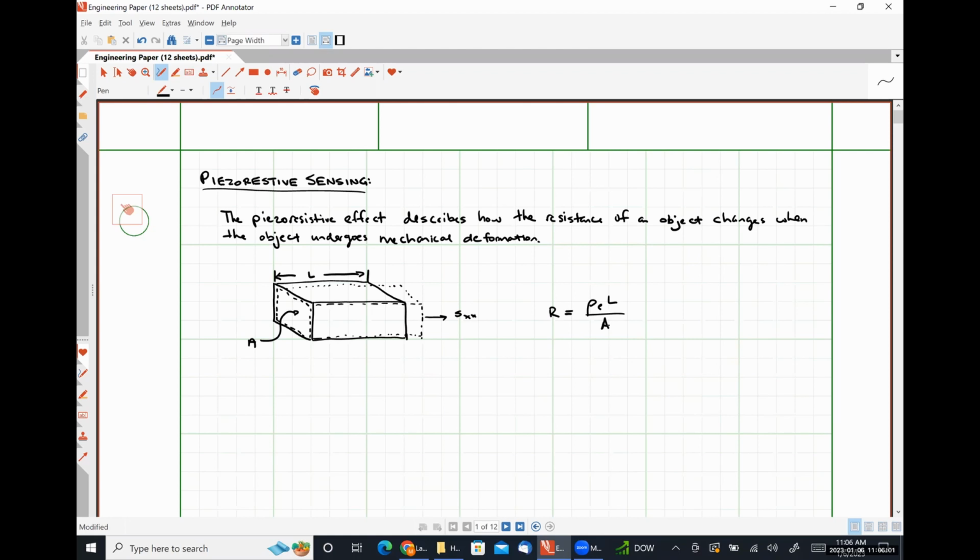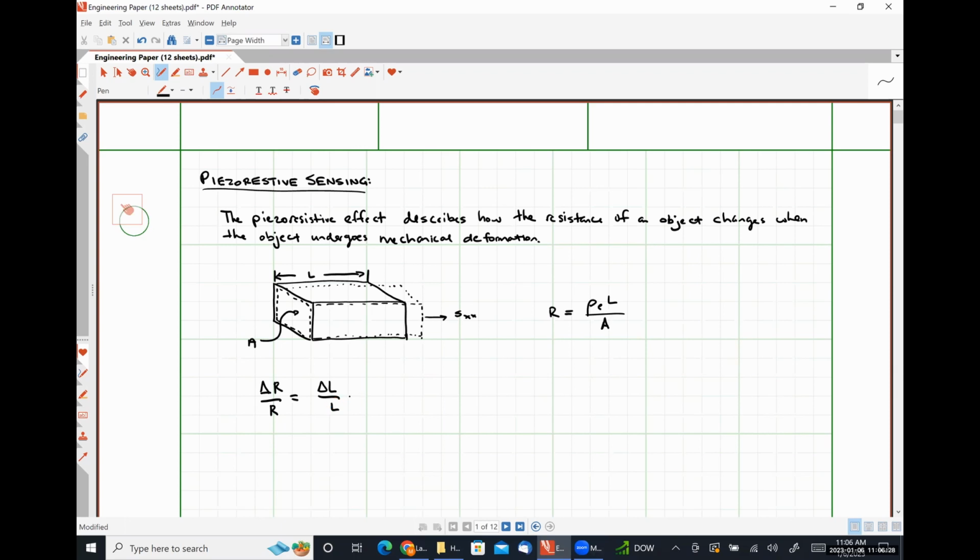So we can define a fractional change in resistance, delta R over R, as a fractional change in length. Sorry, that should be just L in the denominator there.